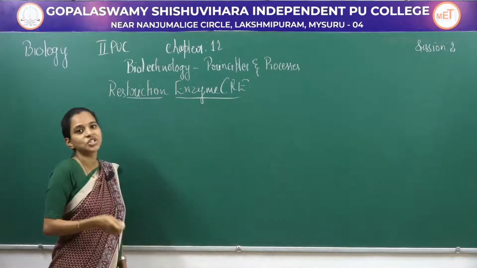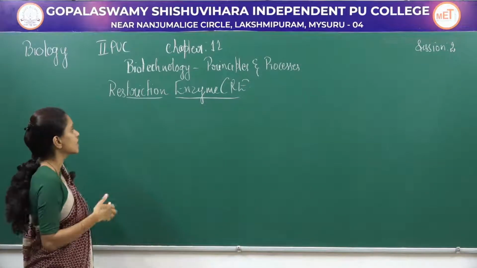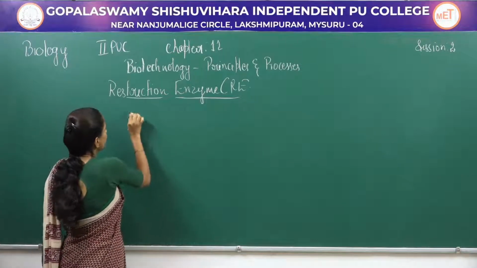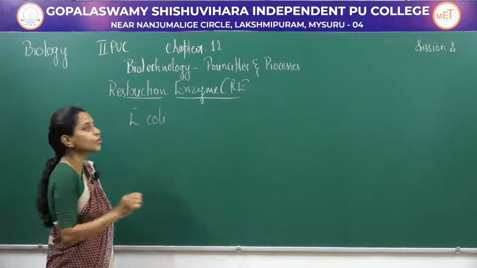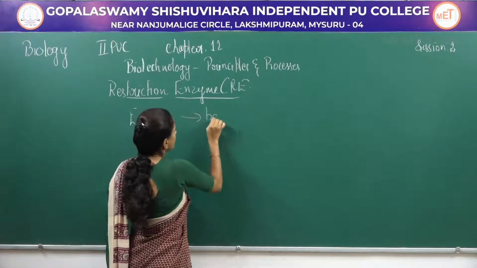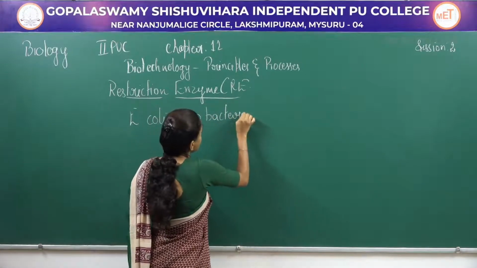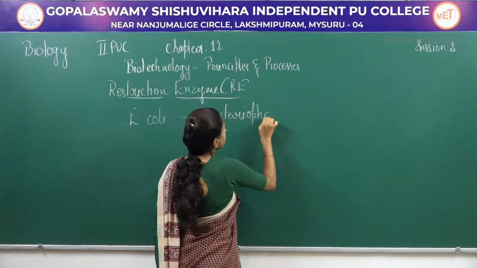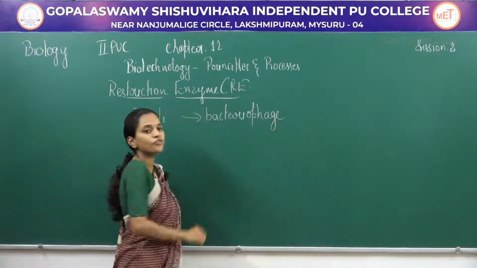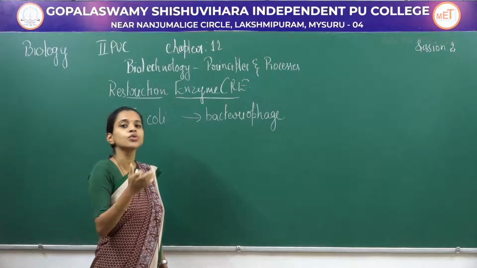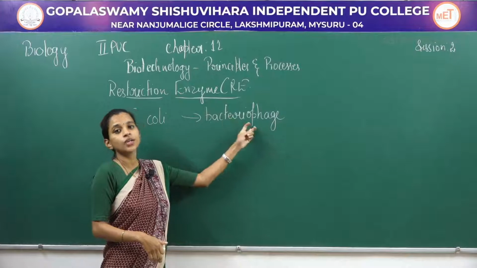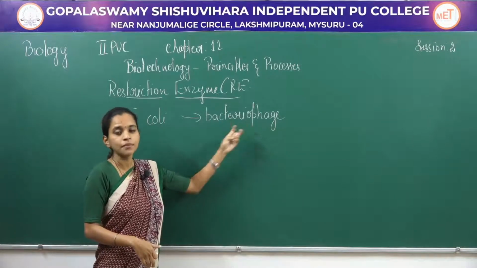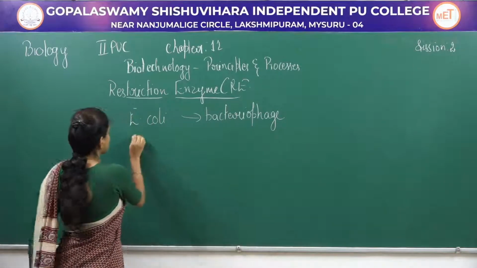So first, restriction enzymes were discovered in such a way that there was E. coli which did not allow the growth of bacteriophage. Bacteriophage is a kind of virus which grows on bacteria. So E. coli did not allow the growth of bacteriophage on them due to the presence of 2 enzymes.